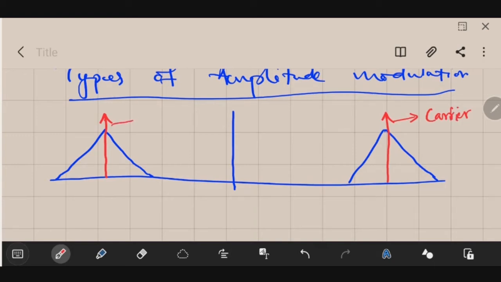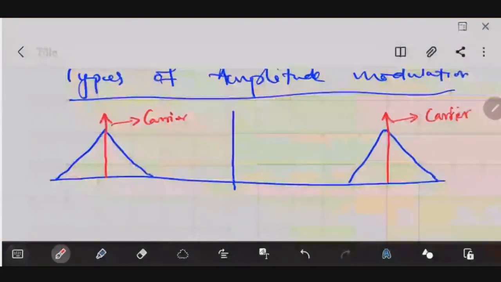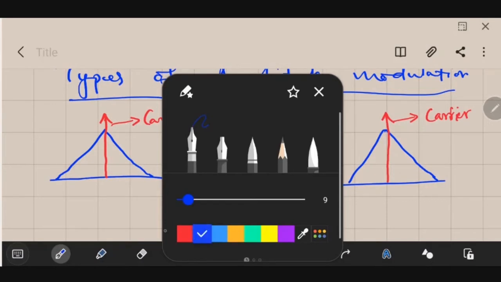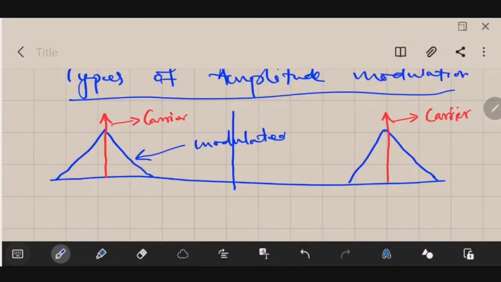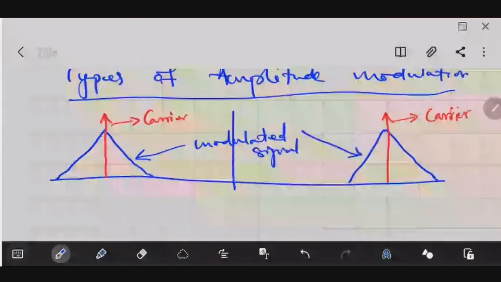This is also your carrier, and this is basically the modulated signal. Better I change the color. These triangles represent the modulated signal.